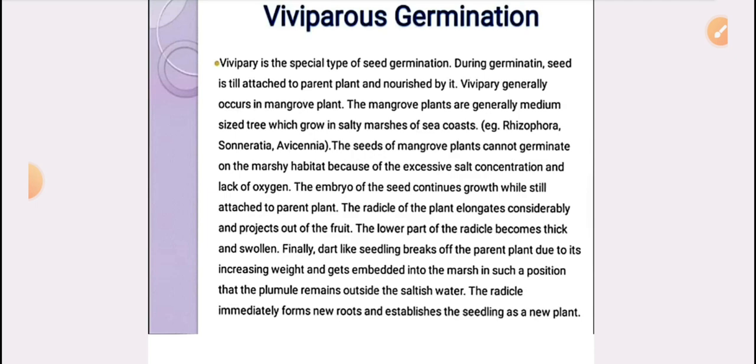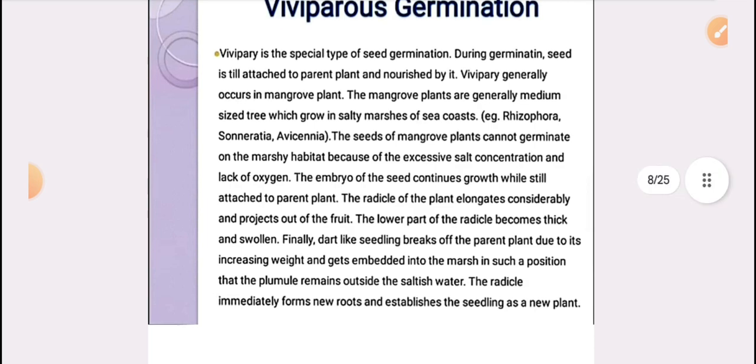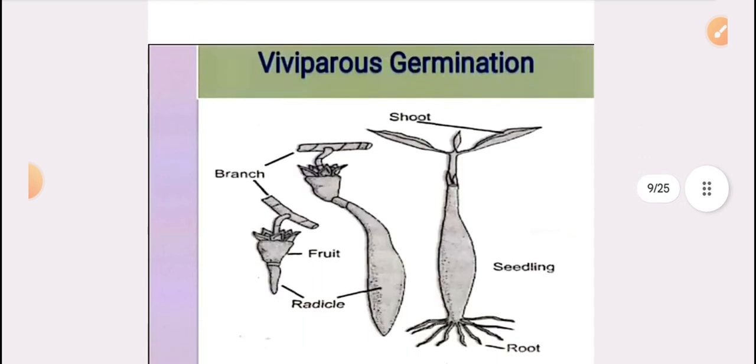This is a special type of seed germination found in mangrove plants, because in coastline areas excessive salt is present, which does not allow favorable conditions for seed germination. Hence, in this case, the seeds germinate while attached to the parent plants.